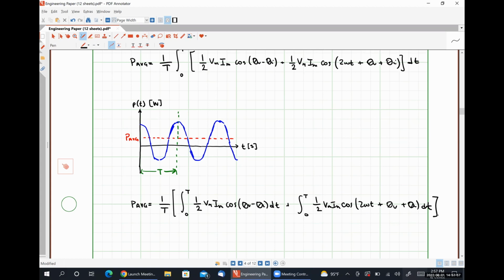Well, what happens when I integrate a sinusoid over one period? If I'm looking only at the AC part of this power, because I've split my integral up, I'm just dealing with this bit.